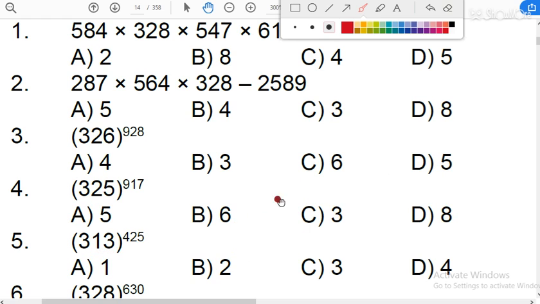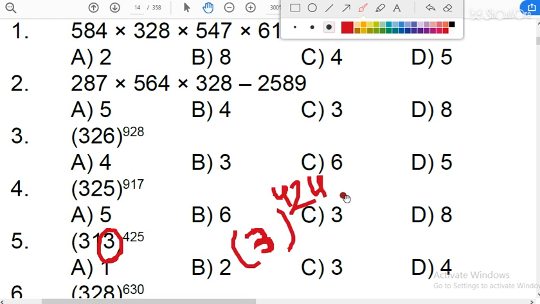Now see what I can write. 3 raised to the power, because I have to take this 3 only, rest of the terms I do not have to consider. Can I write it as 424 into 3? Because powers will be added when we multiply the terms. So its answer will be 3 raised to the power 425.